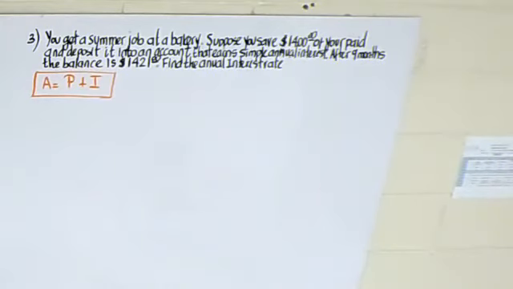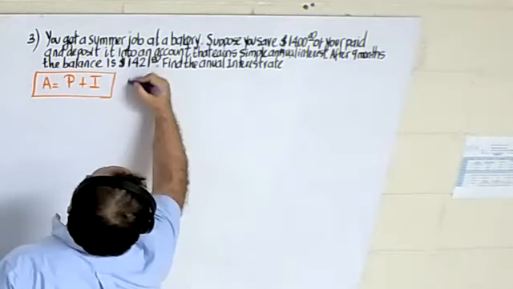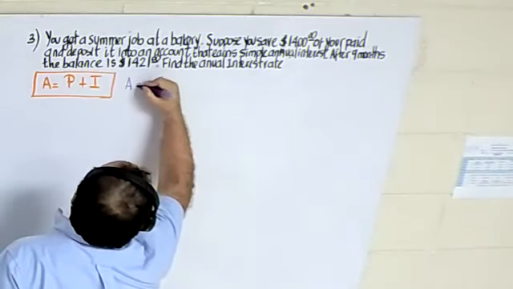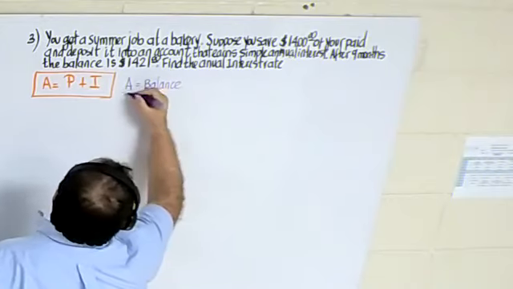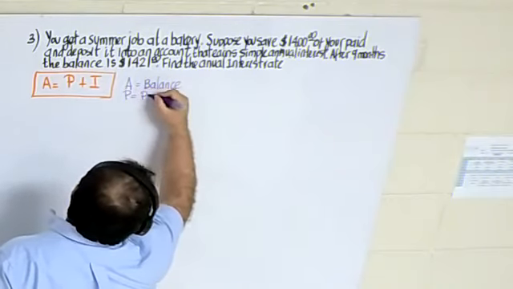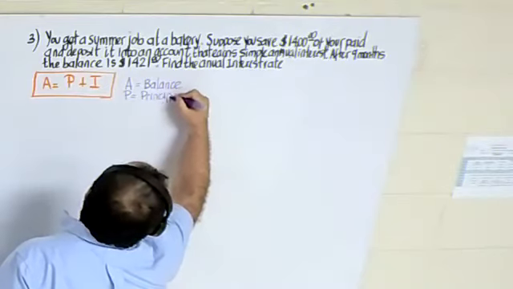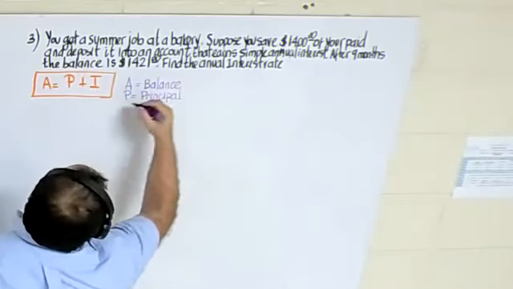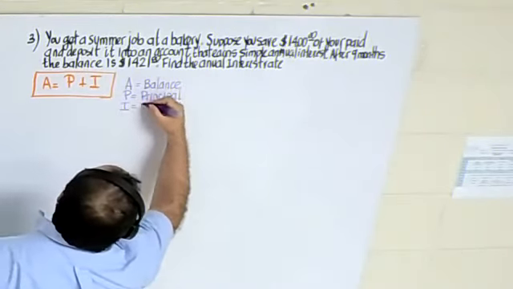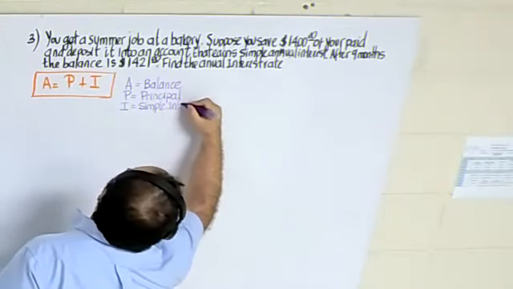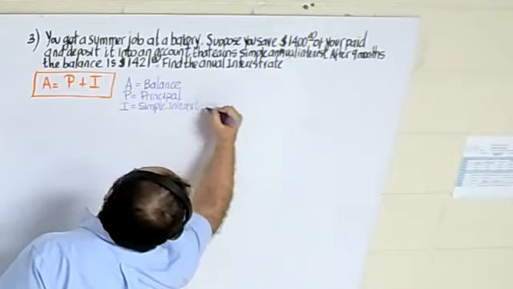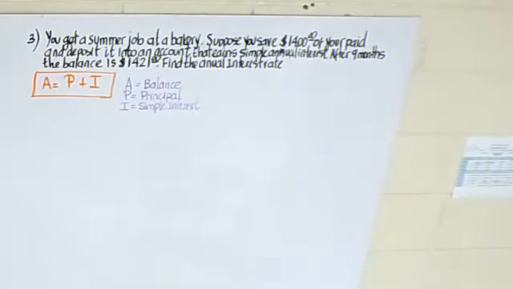The letter A represents the balance, the letter P represents the principal, and obviously, I represents the simple interest. This is the meaning of this situation.